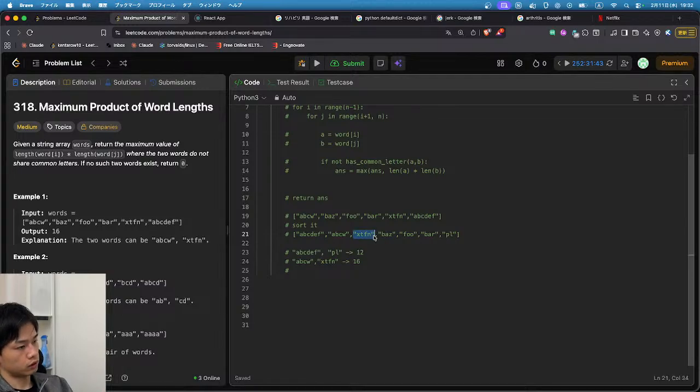If the second word is longer than the next first candidate, we don't need to check the remaining words, because this is the maximum we can find.